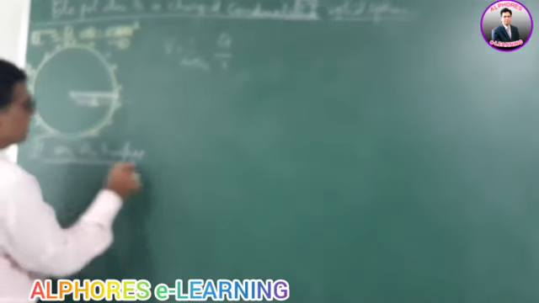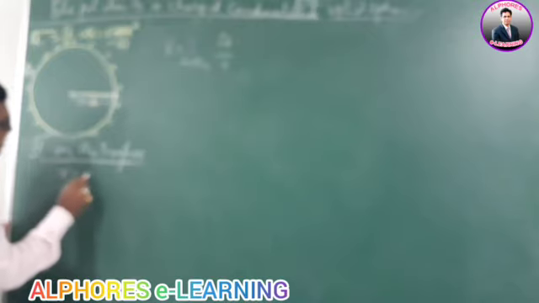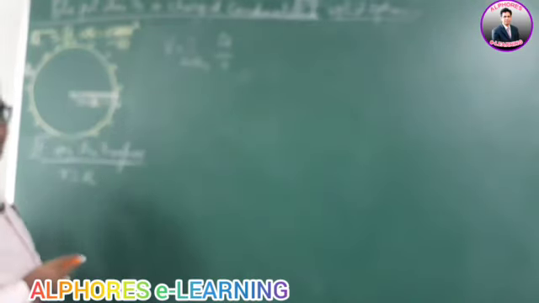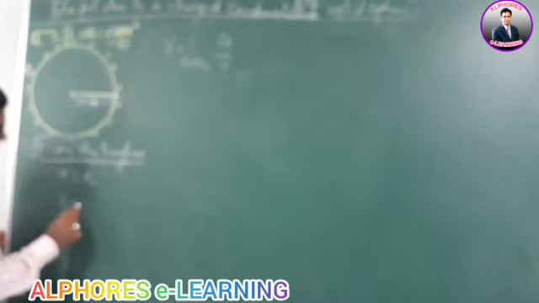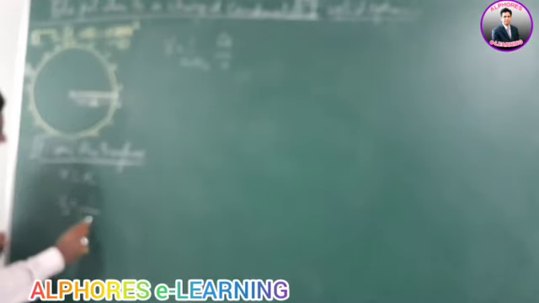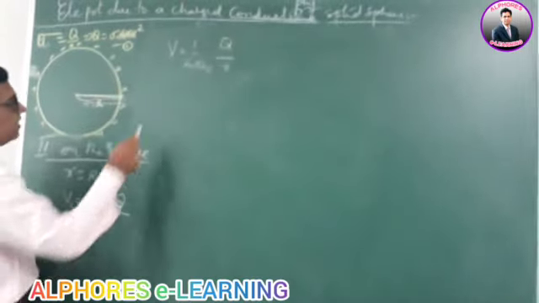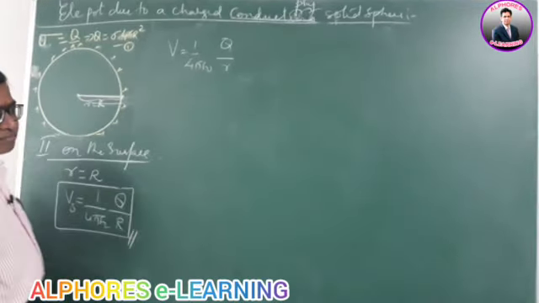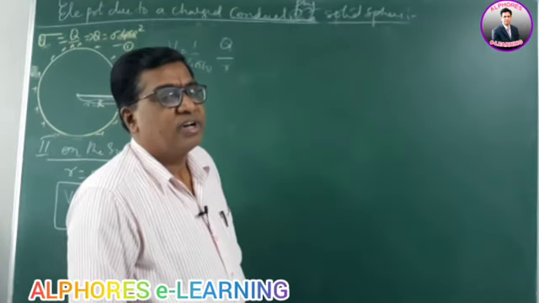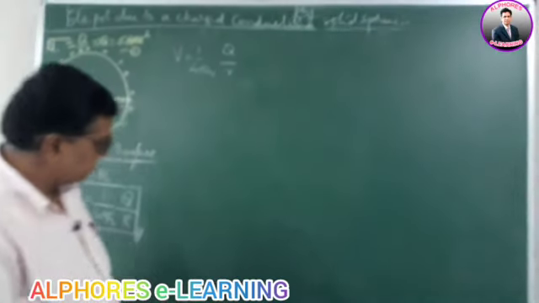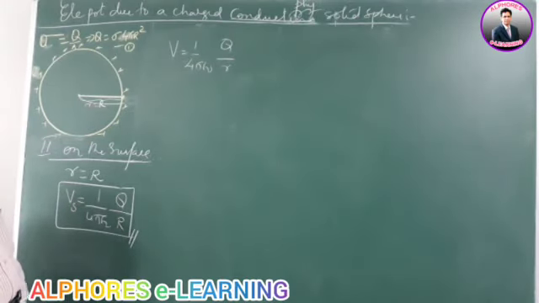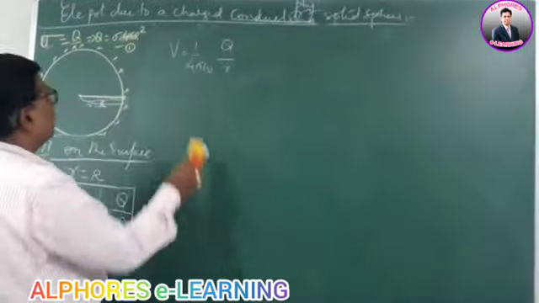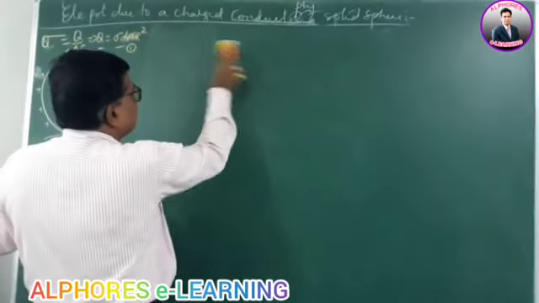But on the surface point, r is equal to capital R. So the potential on the surface V is 1 by 4 pi epsilon naught, q by capital R. The electric potential due to the charged sphere on the surface is q by R.